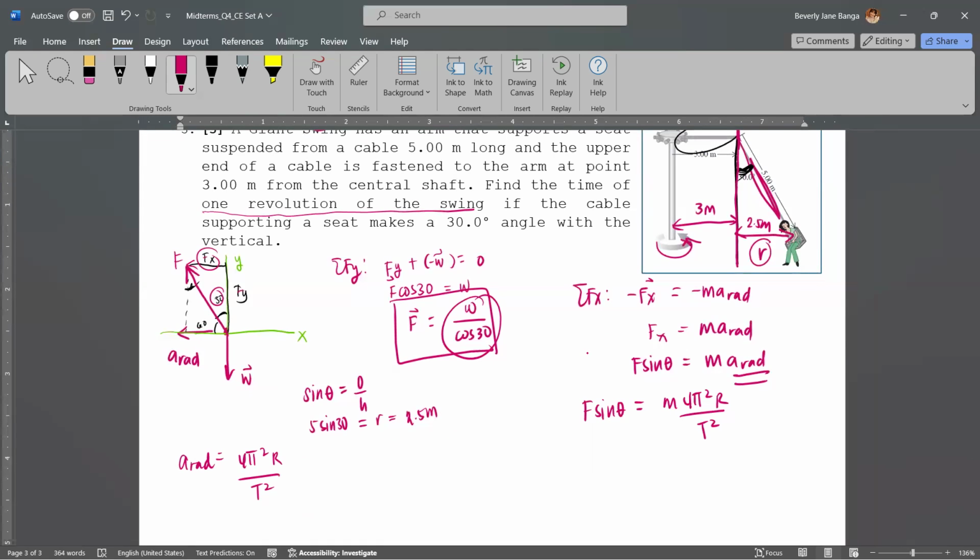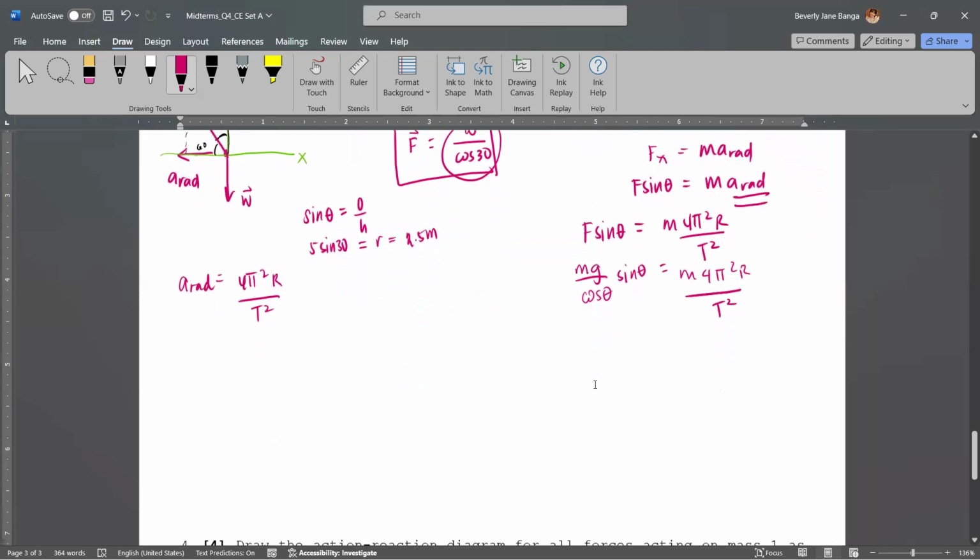So F is simply the weight, which is mg, right? So mg over cos theta, sine theta is equal to m 4 pi squared r over t squared. And we cancel this out.